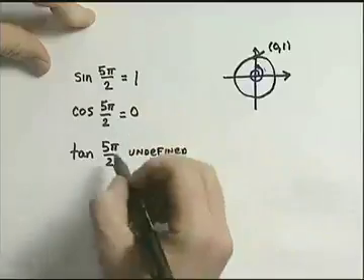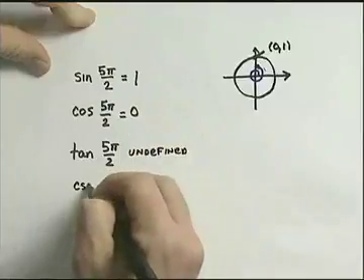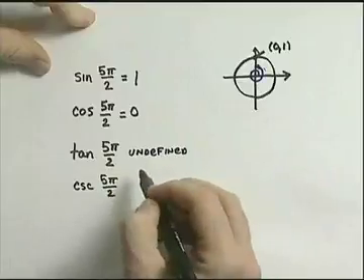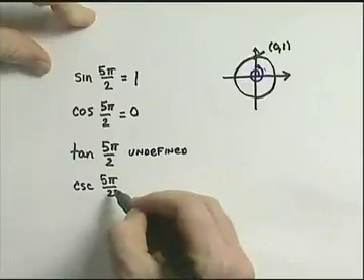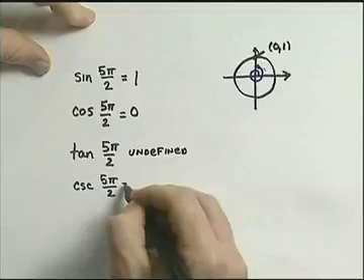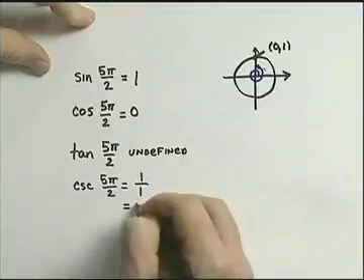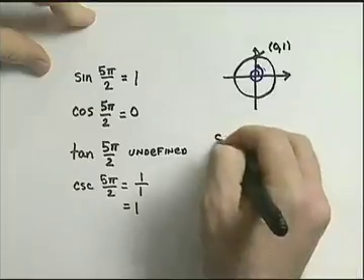Now we can do the reciprocals. The cosecant of an angle takes as input the angle, 5 pi over 2, and gives as output 1 over the y-coordinate, so I have 1 over 1, or 1.